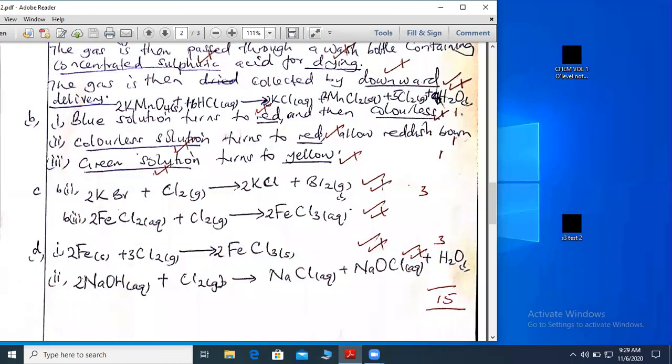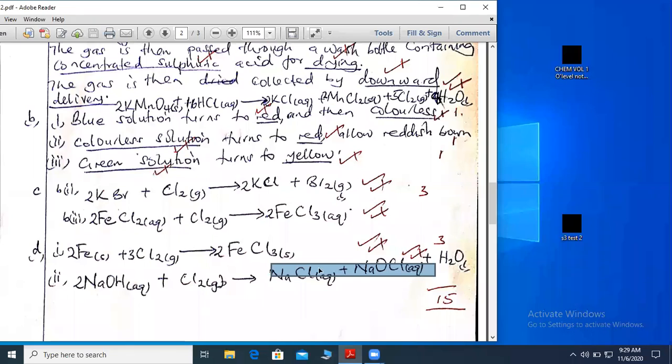Then chlorine with dilute sodium hydroxide. We saw that very many times. The product is sodium chloride plus sodium hypochlorite, and sodium hypochlorite is a pale yellow solution. Remember, in all these cases, we could have asked you for the observation.